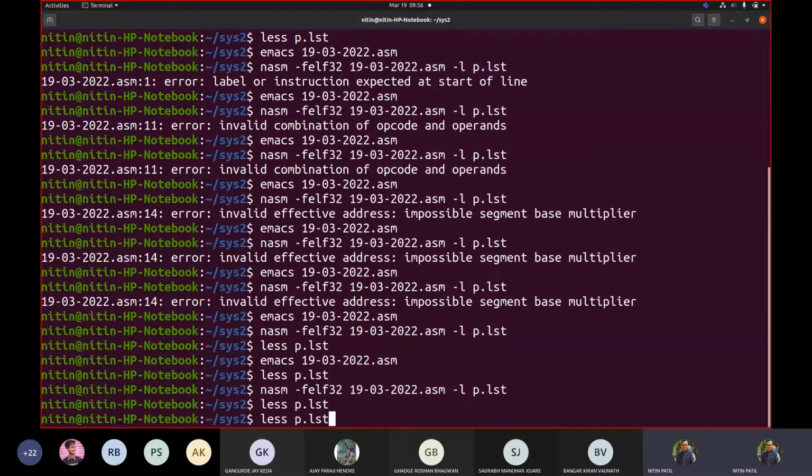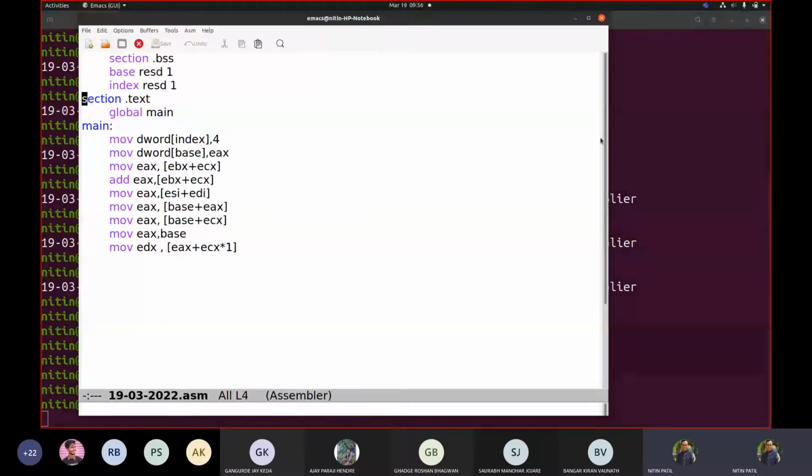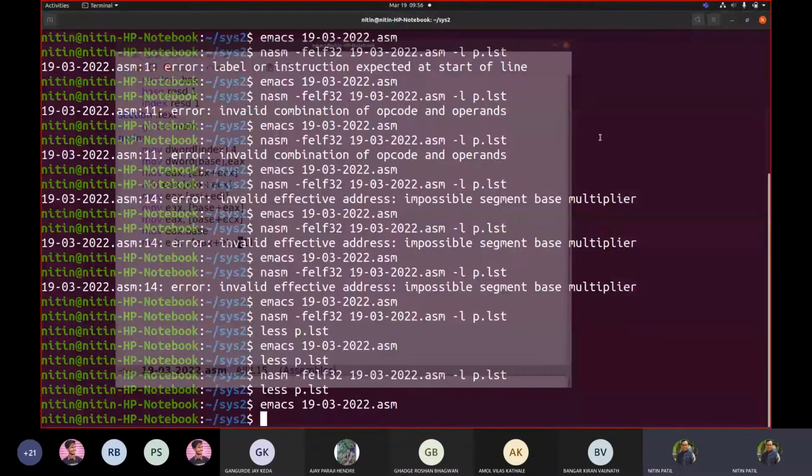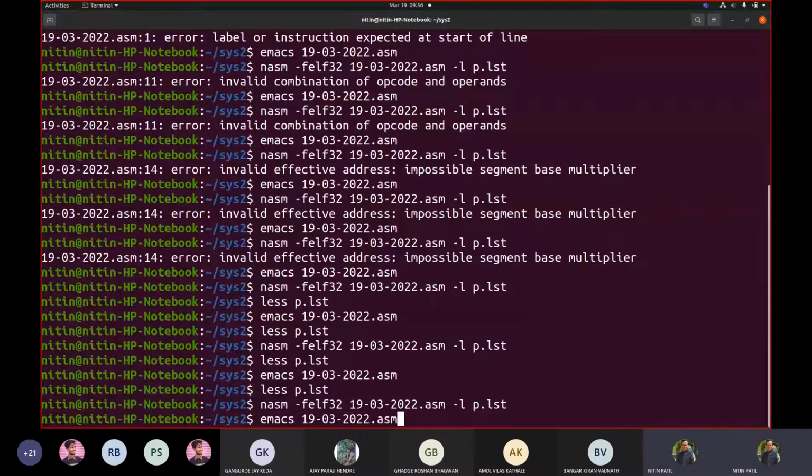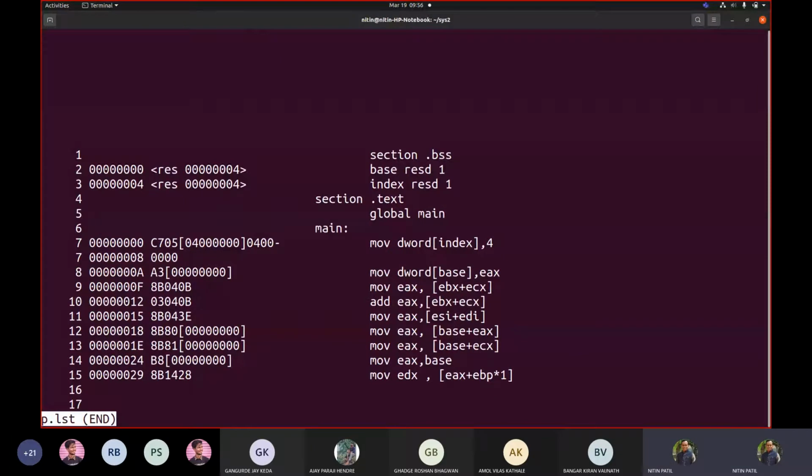So if I go back, try a few more things. If I use EBP here, let us see what it does. Sorry. It translated this. You can see 28 came here. 28 was displayed.